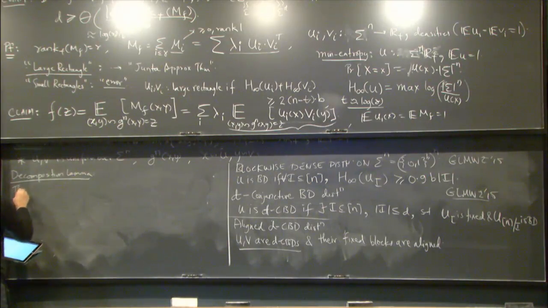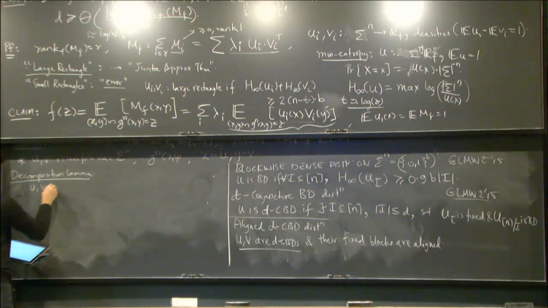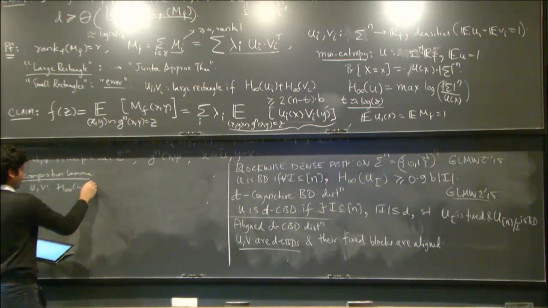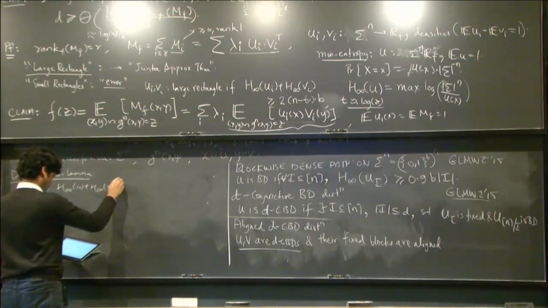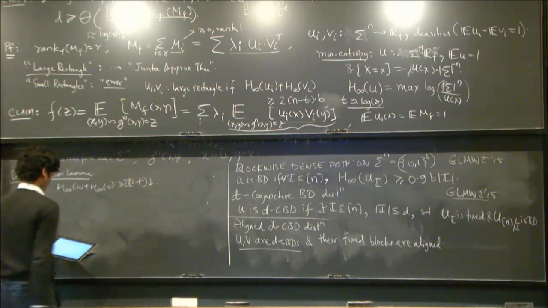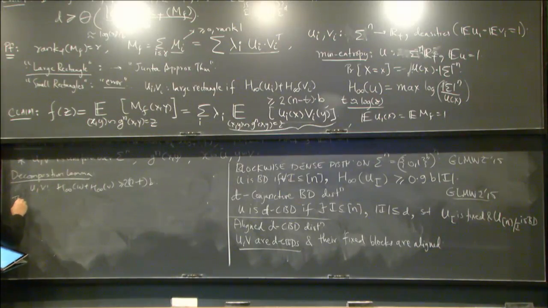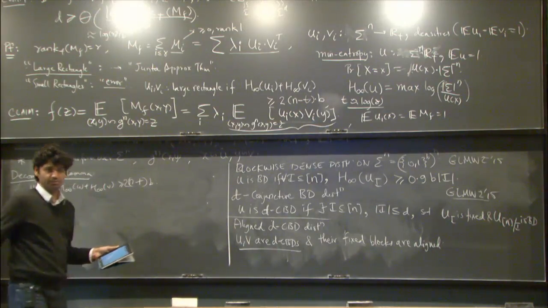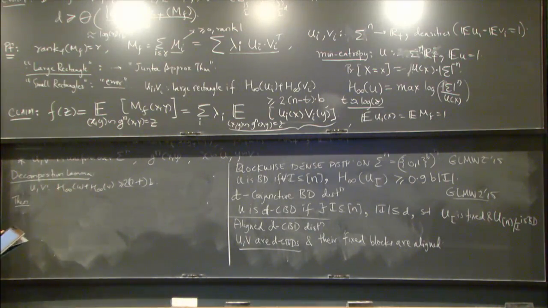We're going to show that then, maybe let me just remind you that U, V have H infinity. Okay, then, as we said, the product distribution defined by U and V is going to be a convex combination of aligned D CBD distributions. That's the claim I want to make.